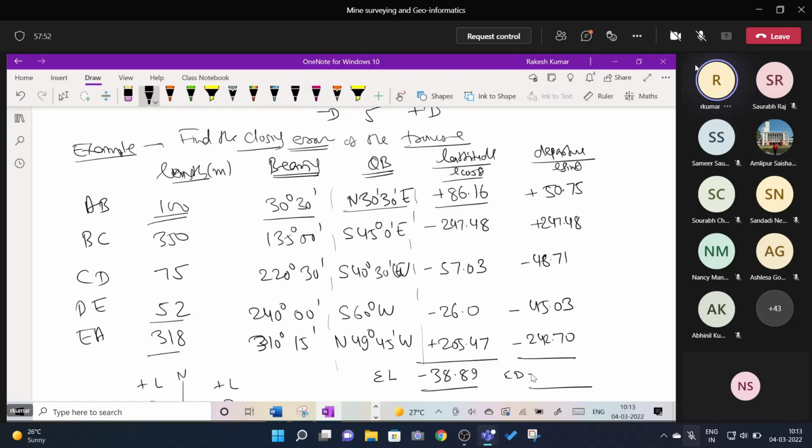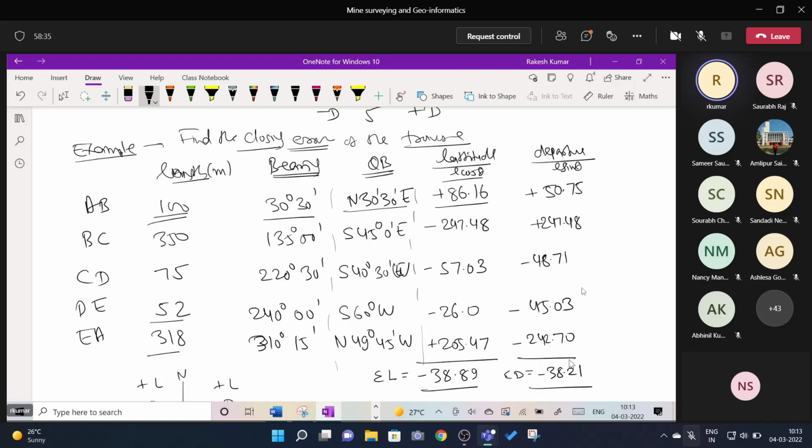Okay, here I will get minus 38.21. So that we have done.